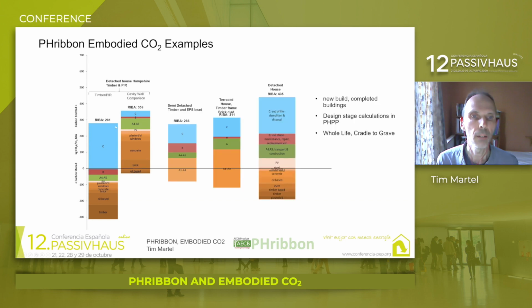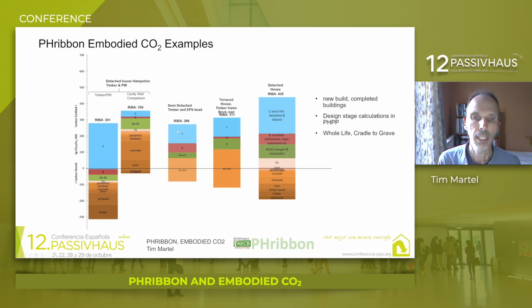And if we compare a few others like that now, this one, a detached house in Hampshire, this is the way the building was built. This is a comparison of how it would be built if it was a normal cavity wall construction. So it's a little bit better. And then a semi-detached timber and EPS, that's expanded polystyrene bead.